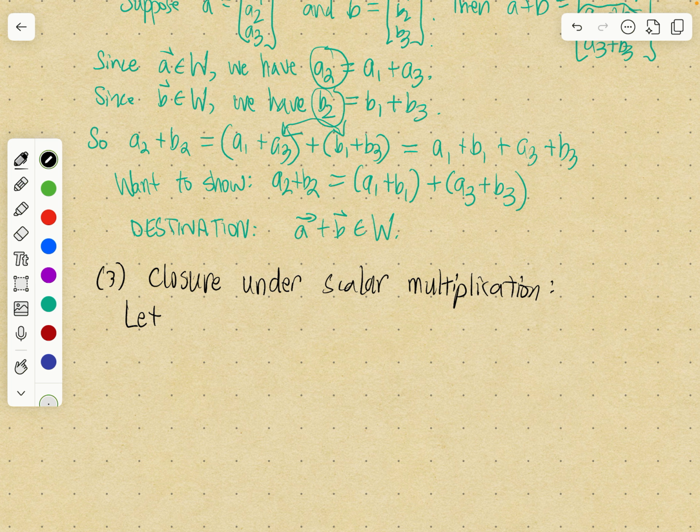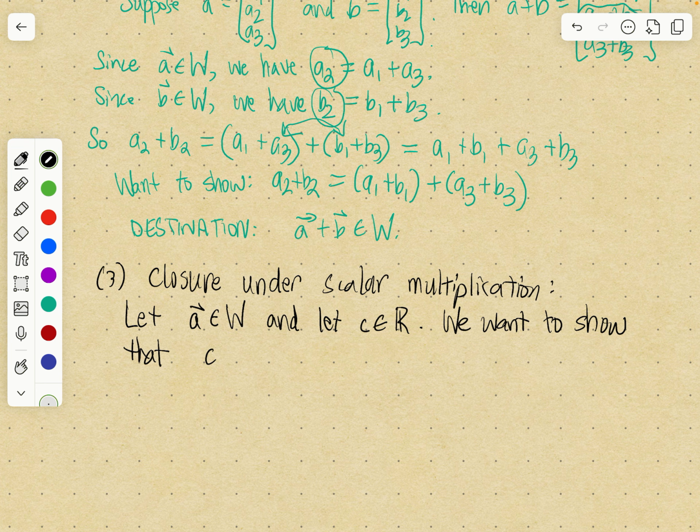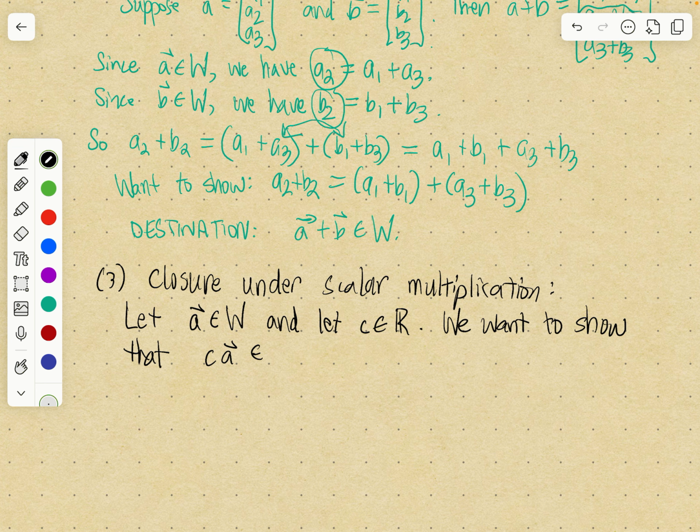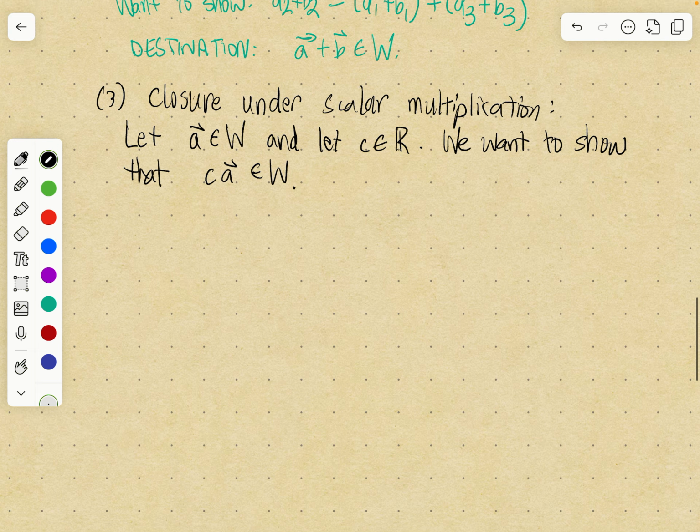So let's just let A be in W and let C be a real number. So what we want to show is that C times A, this scalar multiple of A, is an element of W. Okay.